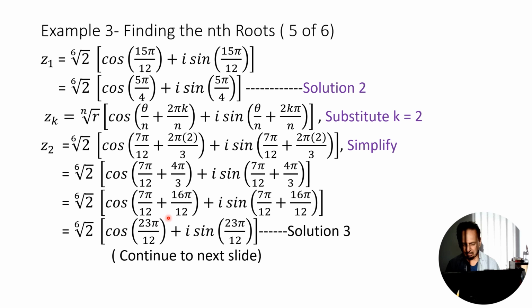Now they have the same denominators, so we can add. So z sub 2 equals sixth root of 2 times cosine of 7 pi plus 16 pi, 23 pi over 12, plus i times sine of 7 pi plus 16 pi, 23 pi over 12. So that's solution number 3.